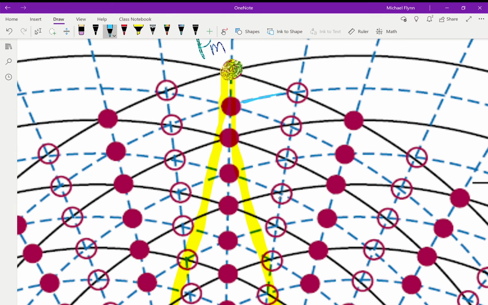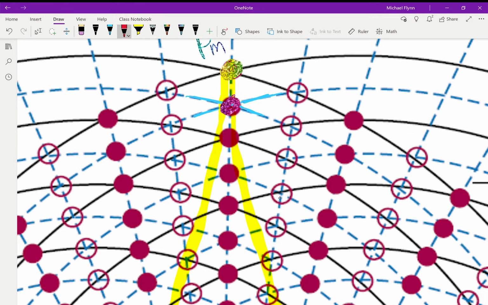These dotted lines here represent troughs. So that is a trough that came from S2. This is a trough that came from S1. And they meet right here on this point, producing constructive interference.